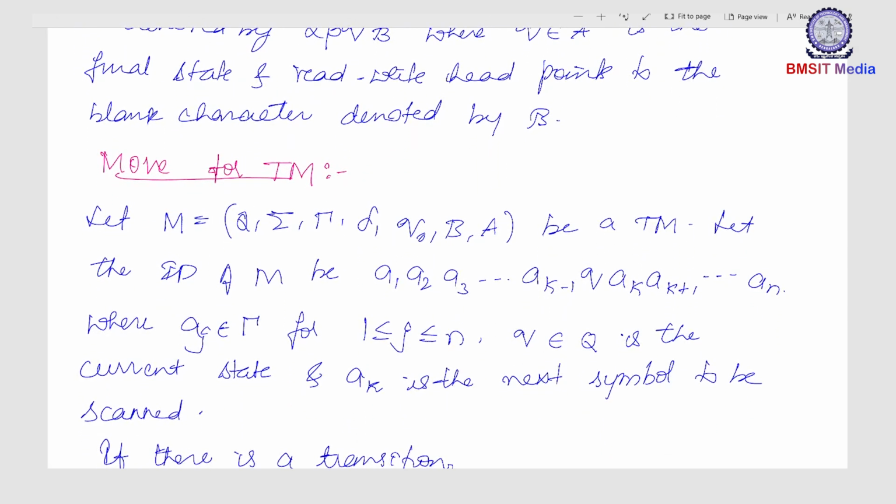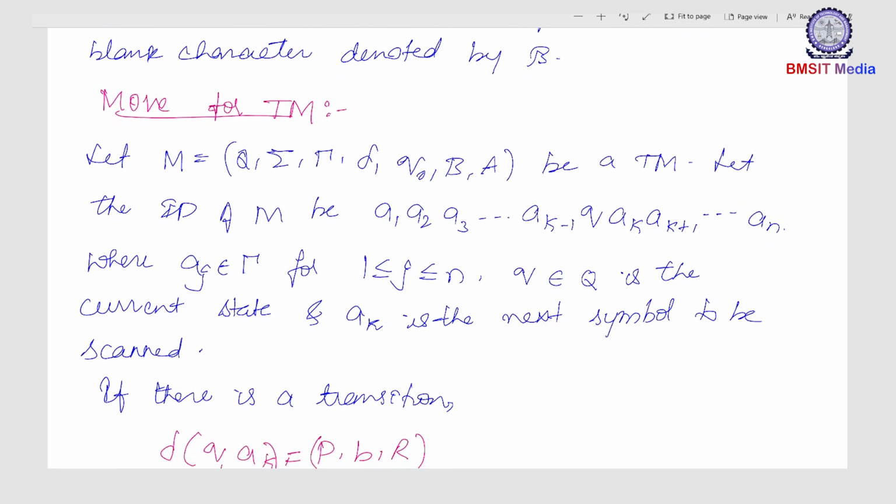And how do we define the move for the Turing machine? Let M equal Q, sigma, tau, delta, Q naught, A be a Turing machine.